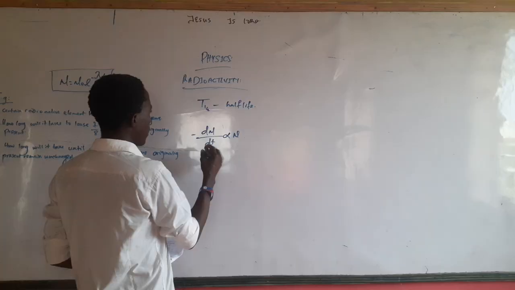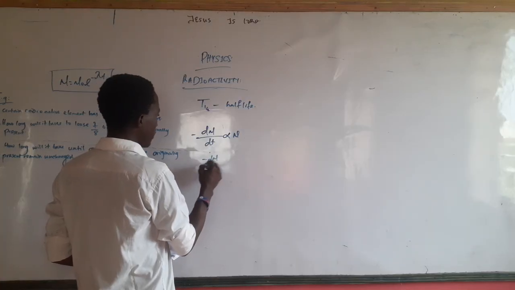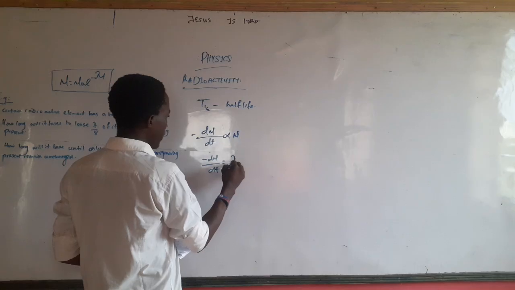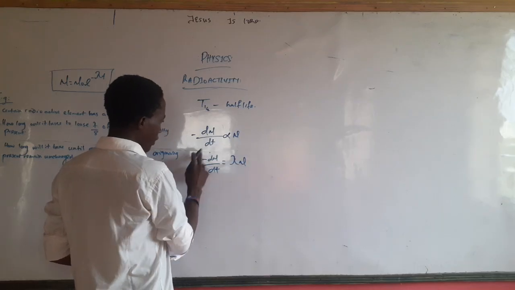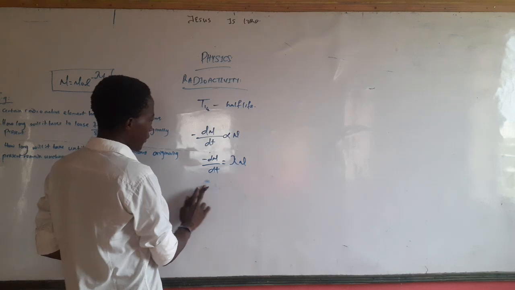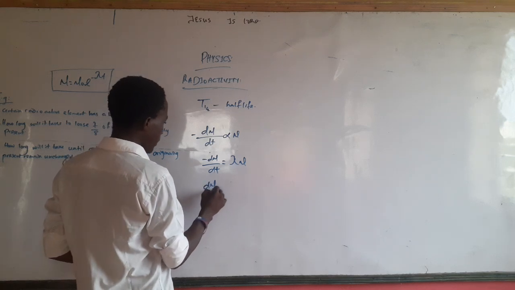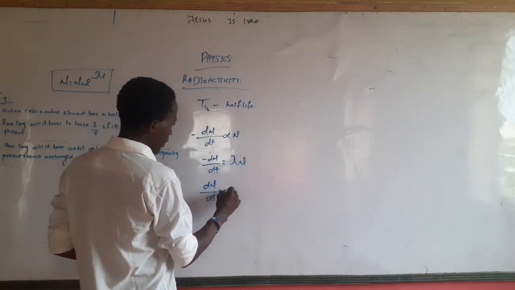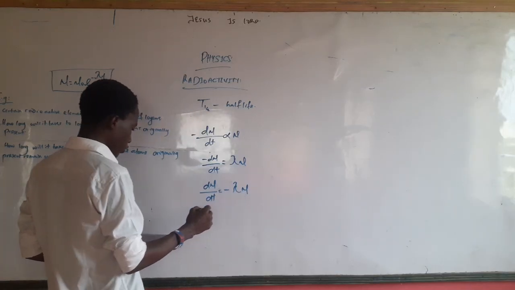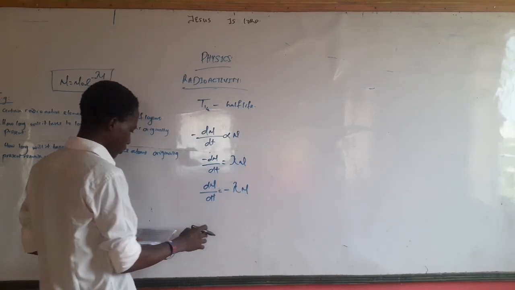So we have dN/dt = -lambda N. You can take the minus to this side, so you have dN/dt minus lambda N.